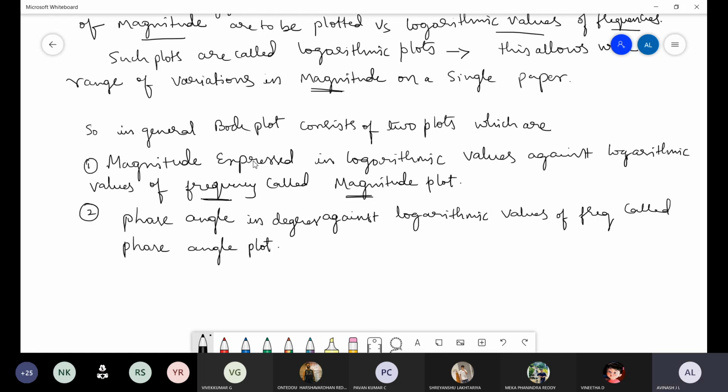The angle is taken not in radians but in degrees, against logarithmic values of frequency. So a Bode plot consists of the magnitude plot as well as the phase plot. Write this down, all of you.